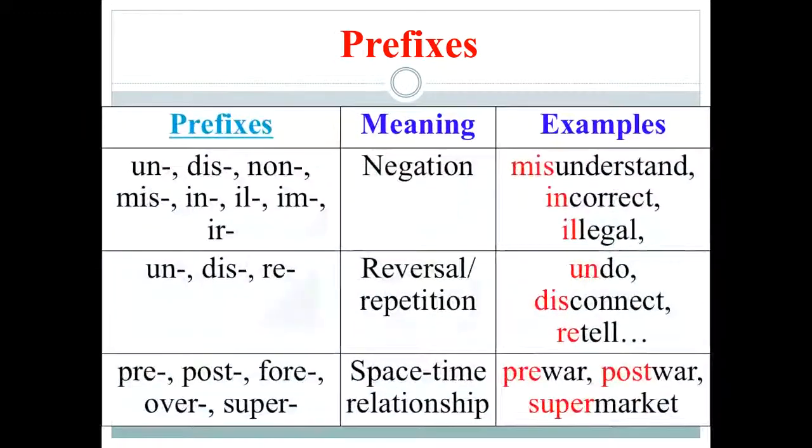Prefixes have three meaning groups: negation, reversals or repetition, and space-time relationship, as presented on the screen. However, this classification is not quite satisfactory because the meanings of the prefixes in English vary greatly. For more information or explanation, please click the word prefixes.